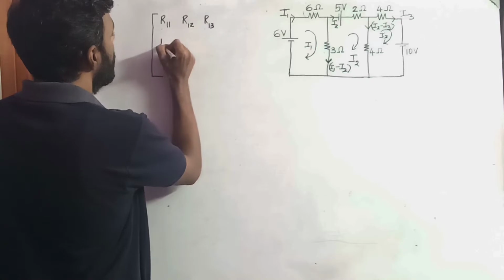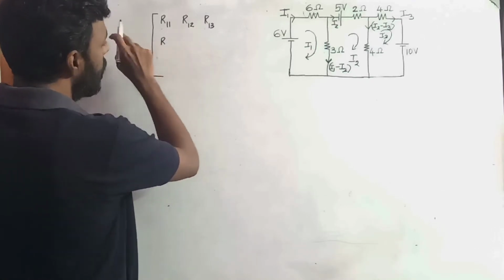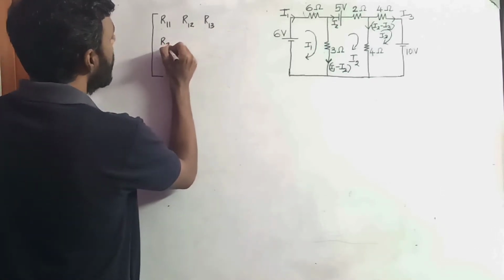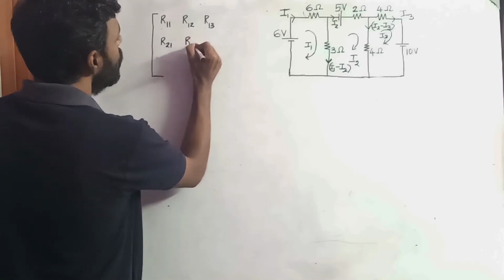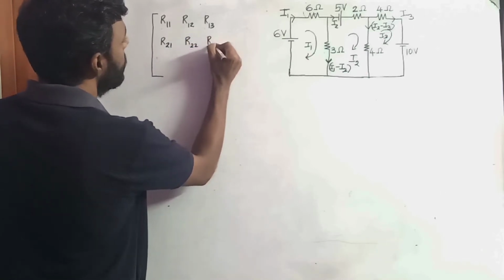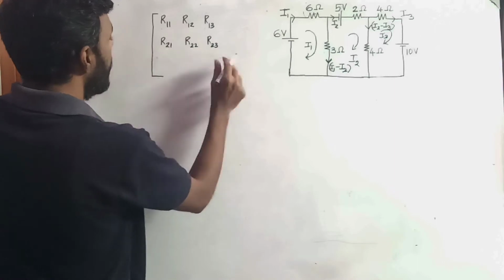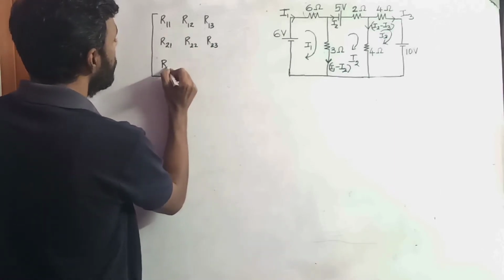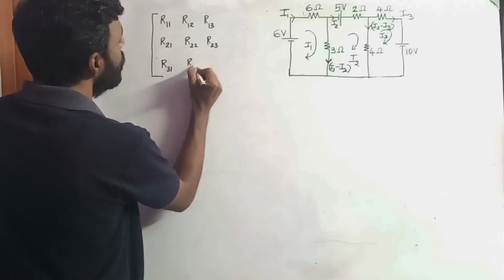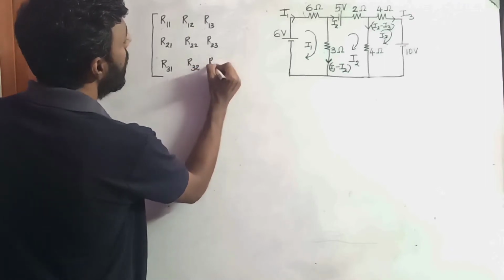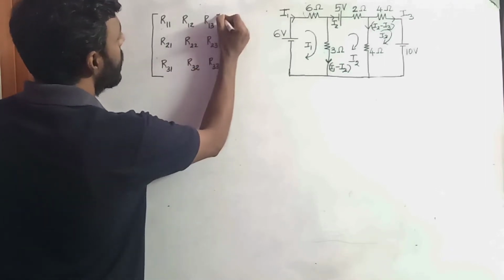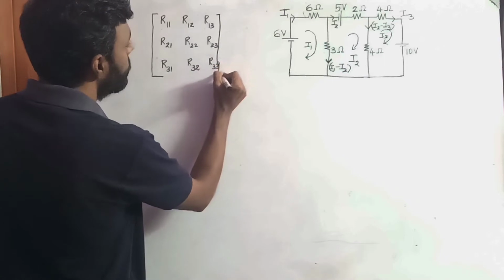Similarly, this row will be R21, R22, R23, and the final row will be R31, R32, and R33. Okay, this is matrix number 1.